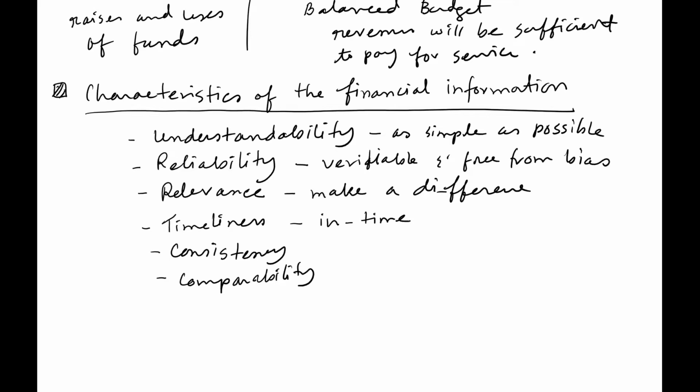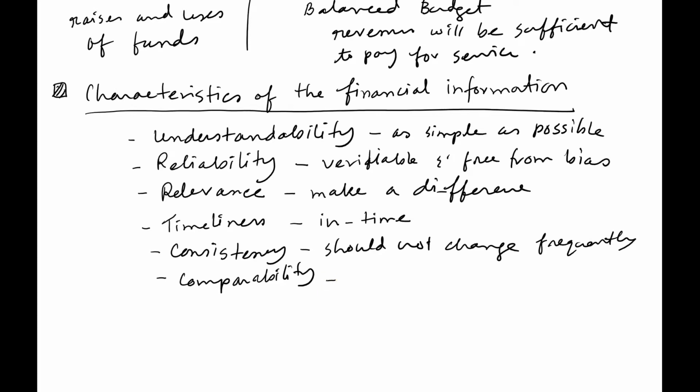Next is consistency. That means every year's report should be consistent. They cannot change year over year, so it should not change frequently. And the last criterion is comparability.